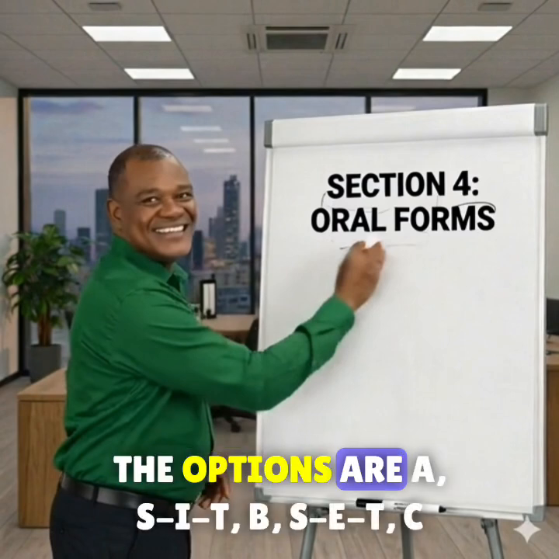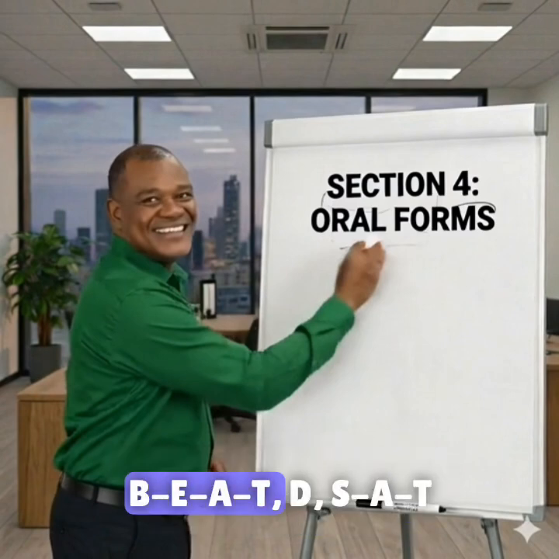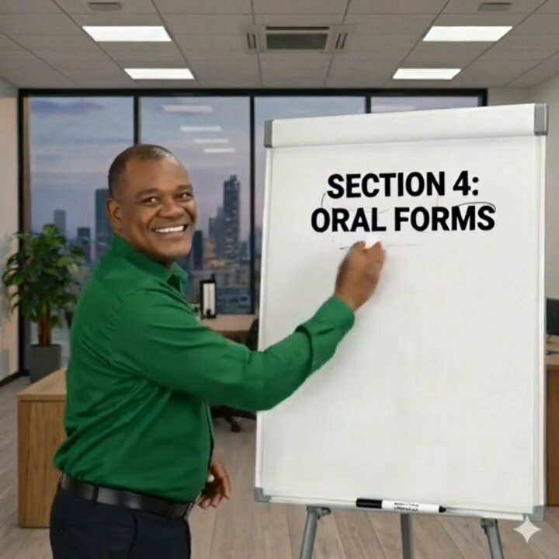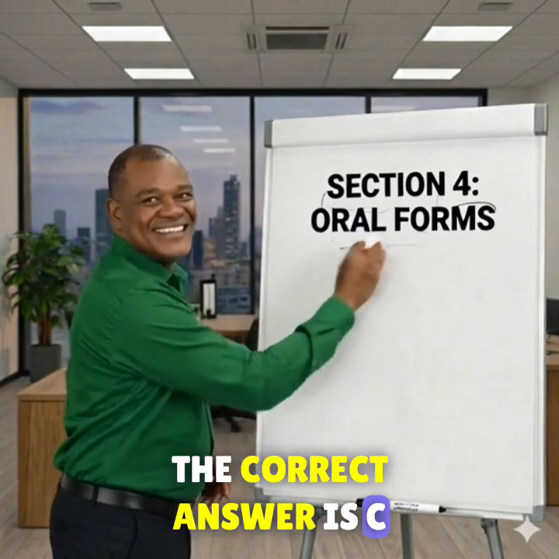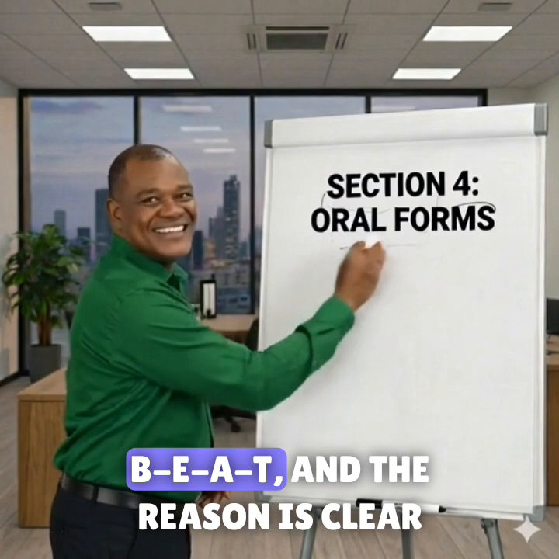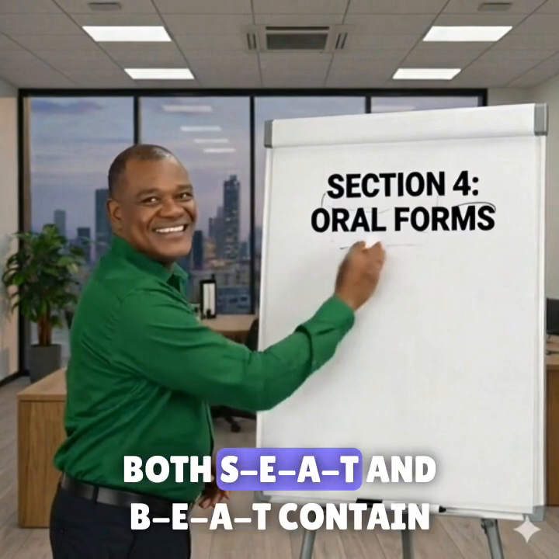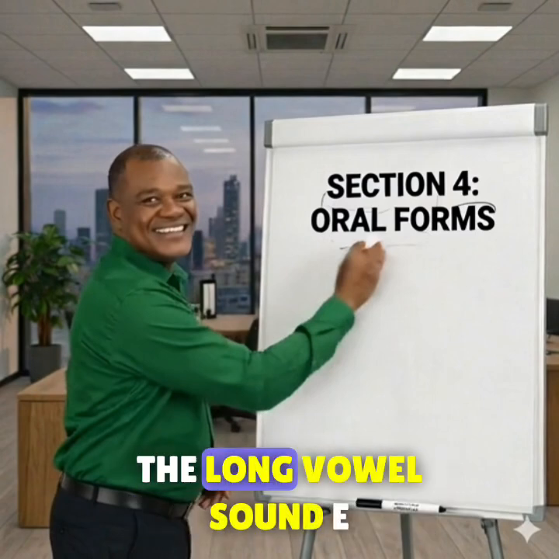The options are A, S-I-T; B, S-E-T; C, B-E-A-T; D, S-A-T. The correct answer is C, B-E-A-T. And the reason is clear. Both S-E-A-T and B-E-A-T contain the long vowel sound E.